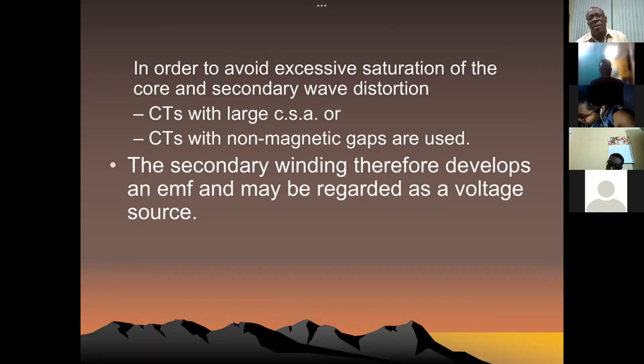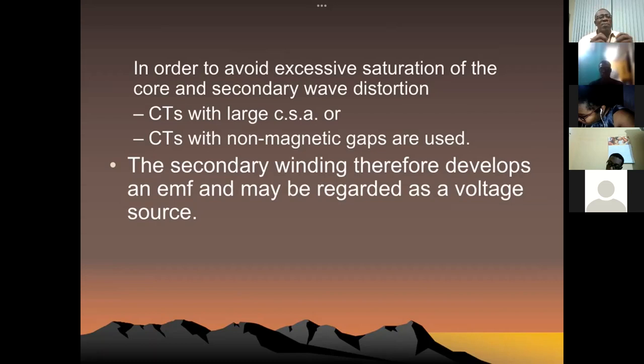Or we can increase the reluctance by using CTs with non-magnetic gaps. So in your machines, you would have looked at air gaps. So you've got air gaps in the core. All you are doing is increasing the reluctance.